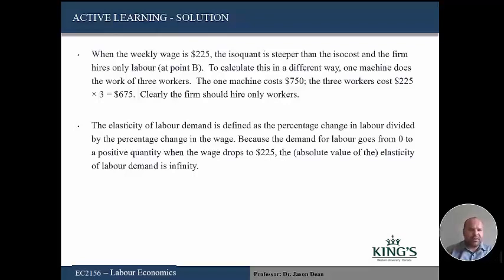In terms of a percentage change, that would actually be infinite, because if you remember your percentage change formula, it would be 225 minus 0 divided by 0. Something divided by 0 we say is infinite.